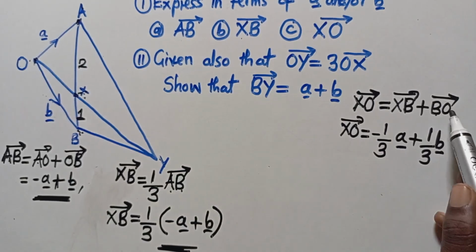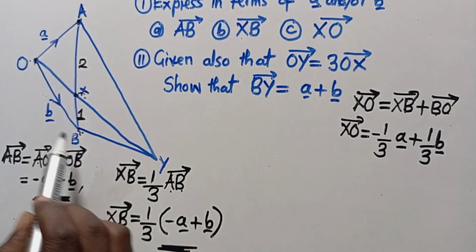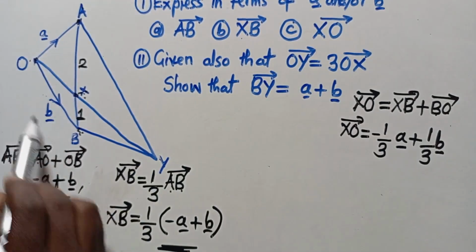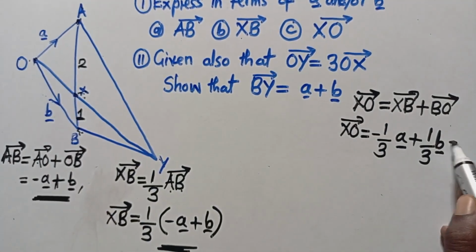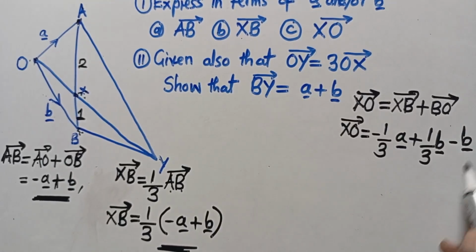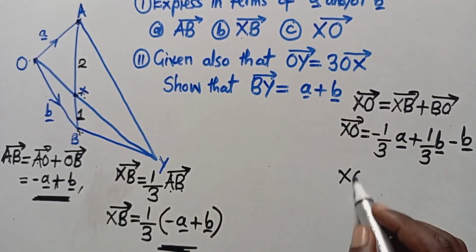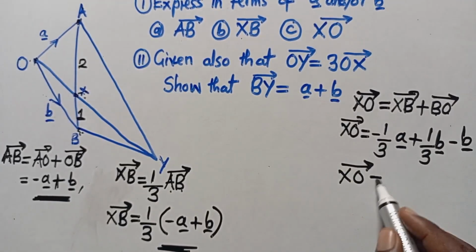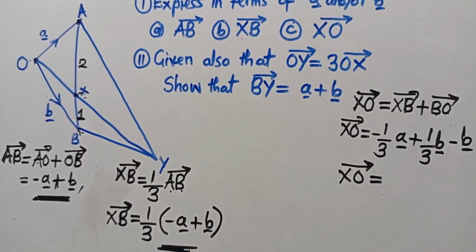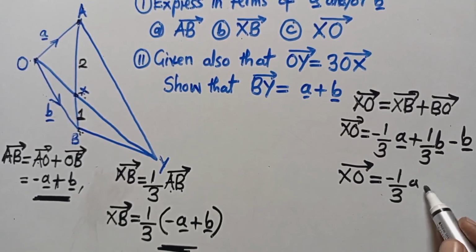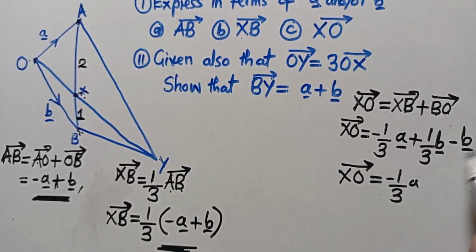How about BO? You are going against the vector, so it is negative B. So I say XO is now equal to negative 1 over 3 A. This part, I evaluate that part.